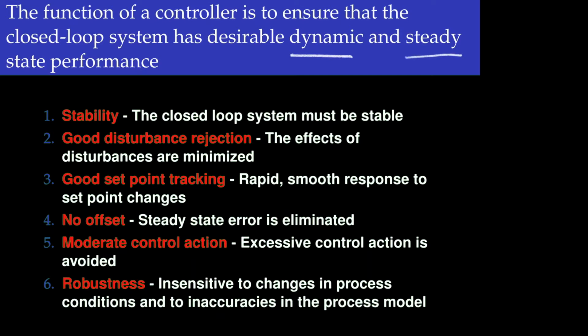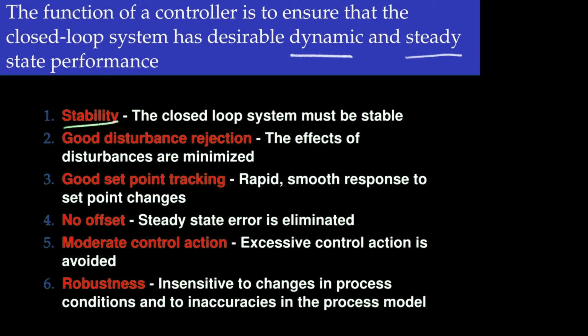Now the first thing is stability. The closed loop system must be stable. This is the main criterion, that the controller should be able to make the process stable. If that is not done, there is no benefit in implementing that controller.